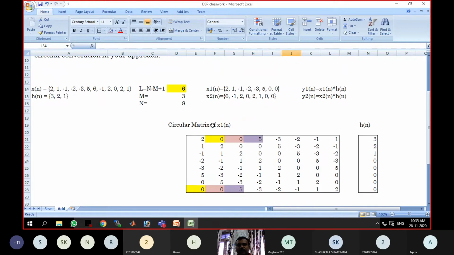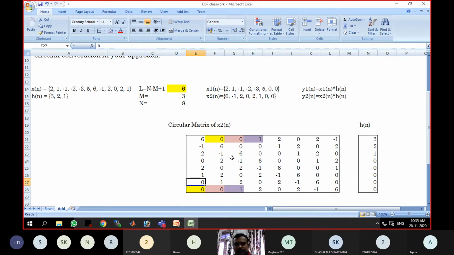Similarly, how do we calculate the matrix of x2 or y2? Let me change only this statement here. So x2 of n is given by 6, -1, 2, 0, 2, and 1, and the remaining 2 bits are 0. As I am using a matrix and have written the formula, its values are already calculated.